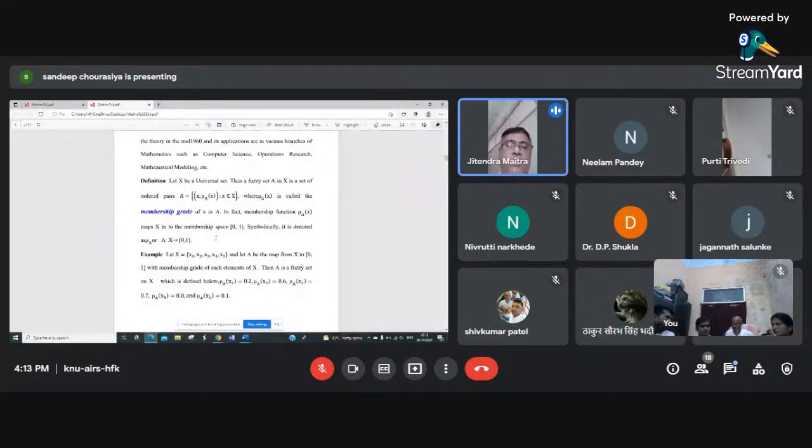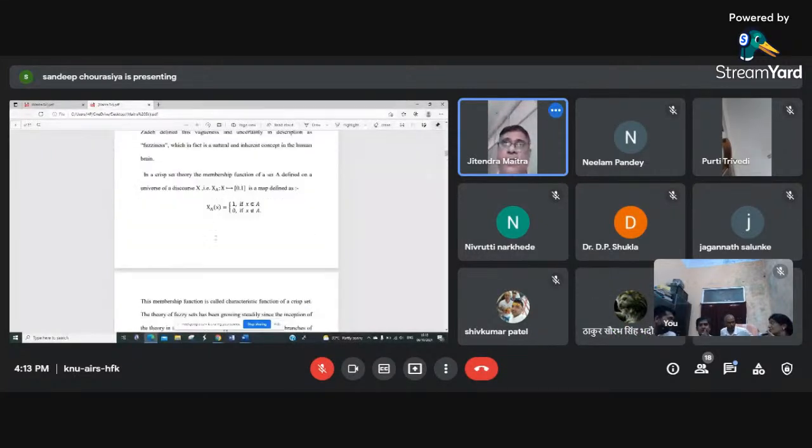So how can we describe this set in terms of a function? Consider a function from the universal set U to the set consisting of only two elements, 0 and 1.